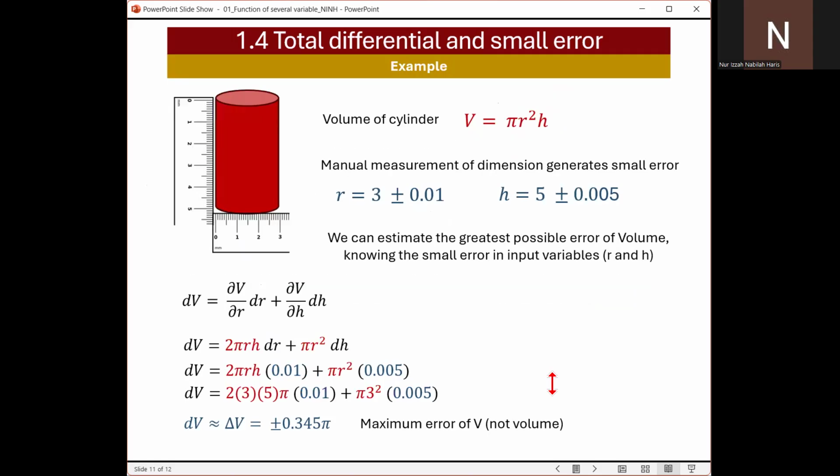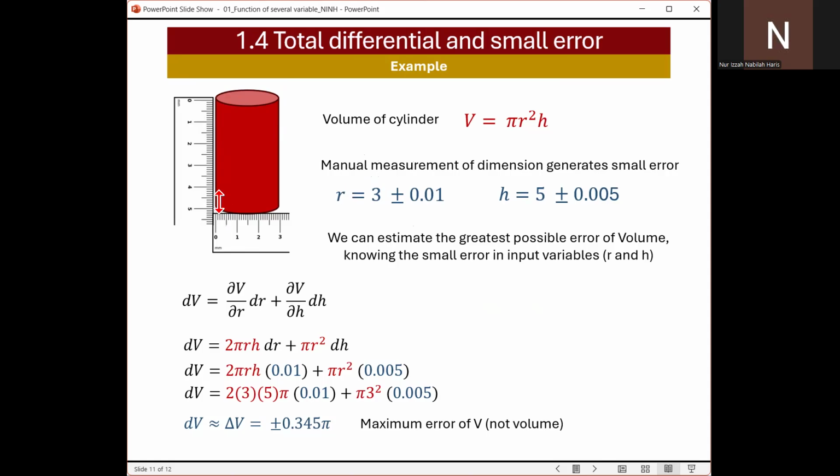Let's see an example. Okay, volume of a cylinder, V equal to pi r square h. So assuming that we want to find the volume using manual measurement with a ruler, of course manual measurement will cause small error because of human error.